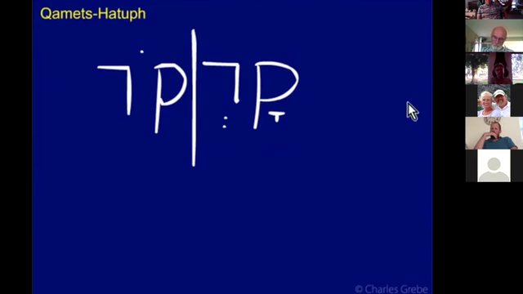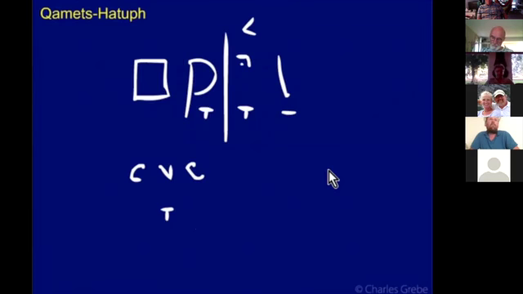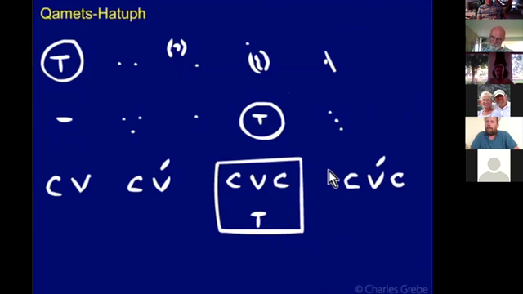And so here we have, again, a CVC, consonant, vowel, consonant, unstressed, because stress is falling here, and we have our little symbol, so we know it's a Kametz Hatuf. So this is a short O, that's the important thing. So, if you remember our basic rule, then you know how to distinguish the two.